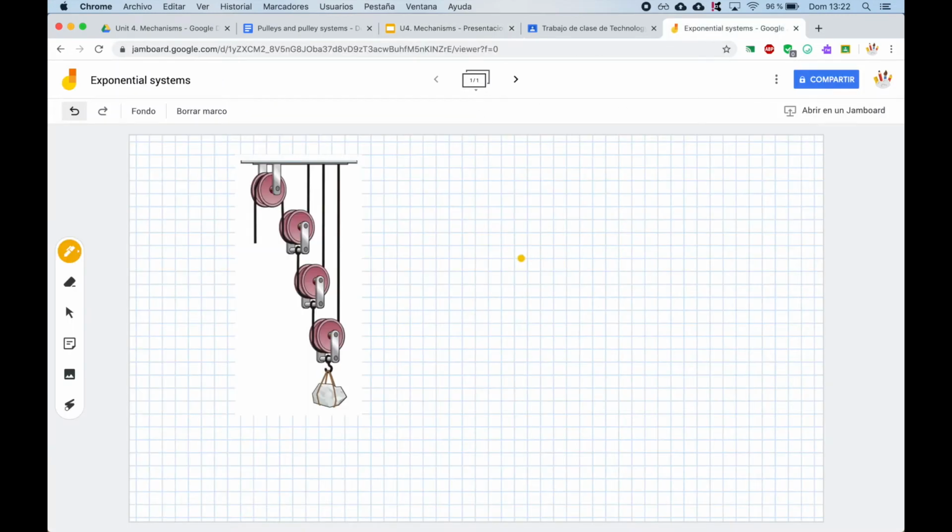Here. Okay, so yes, we've said that here we have the resistance, and here we have the force. We're going to name it F1, okay? And now I want you to take a look at the other forces that are in the middle of the system. So, for example, in this pulley, we have here the resistance, but the force that makes this move up is this one.